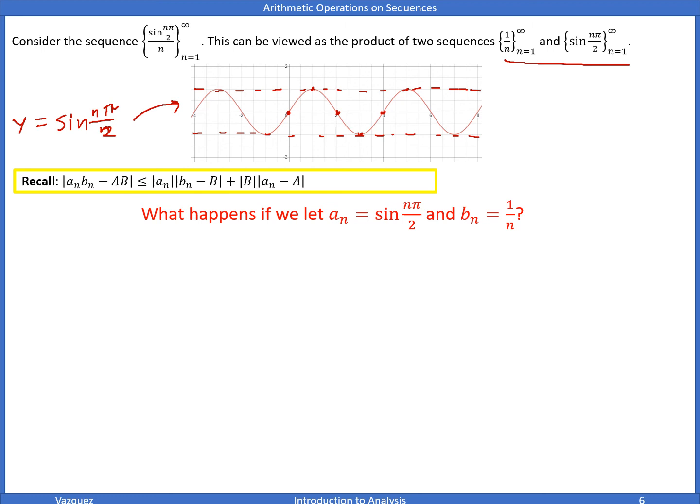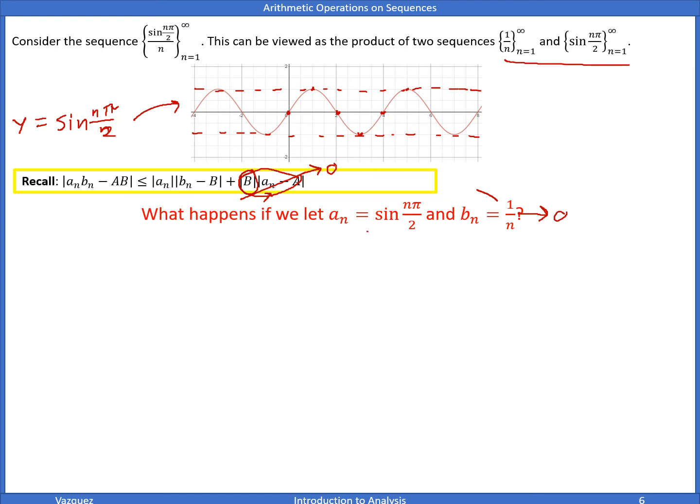So what does this mean? First of all, we know this sequence bn converges to 0, right? So b here is 0. So no matter what the other part is, it's going to get multiplied by 0, so this here is going to become 0. Now what about the other part?